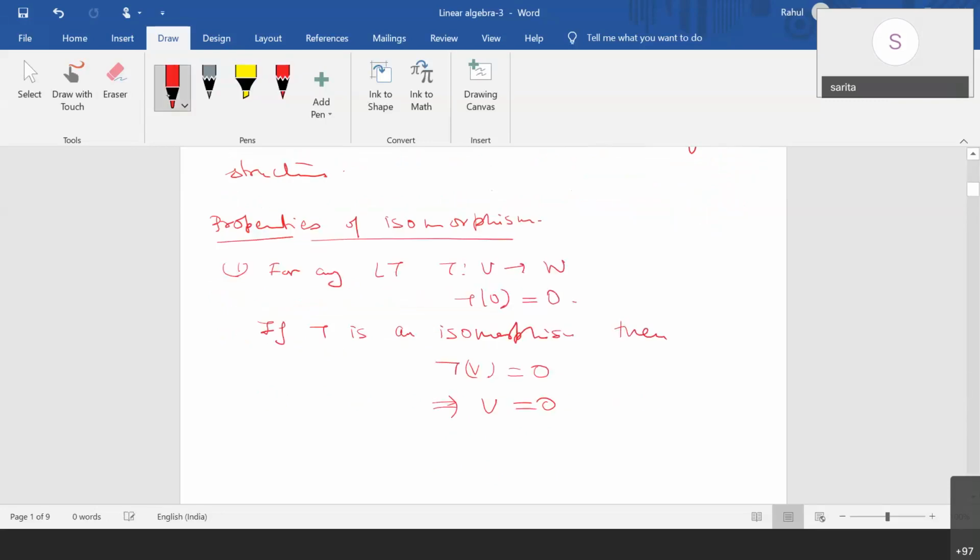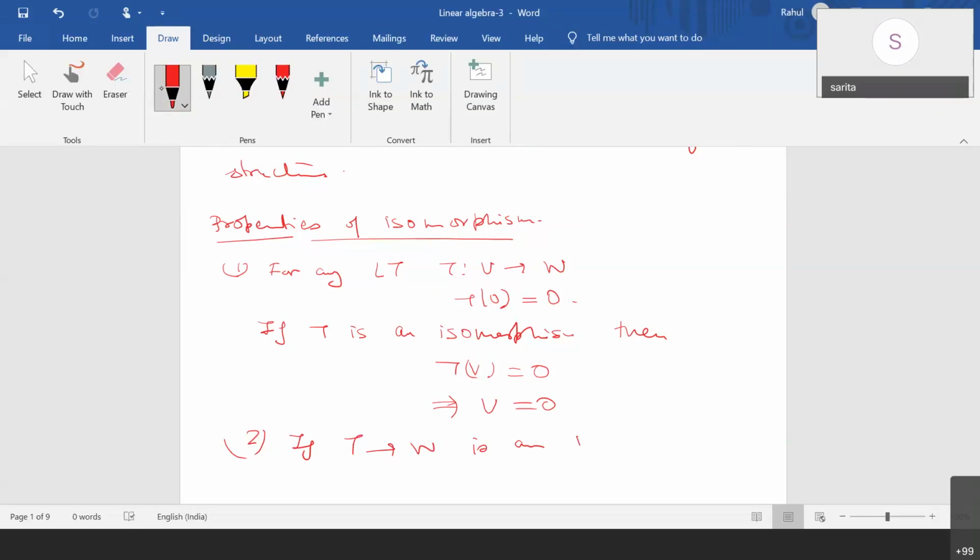And the second property is very important. In Moodle, I have uploaded one document about linear independence, and somebody raised this question in tutorial. If you have a linear transformation T from V to W, if V is independent, then T(V) will be independent.